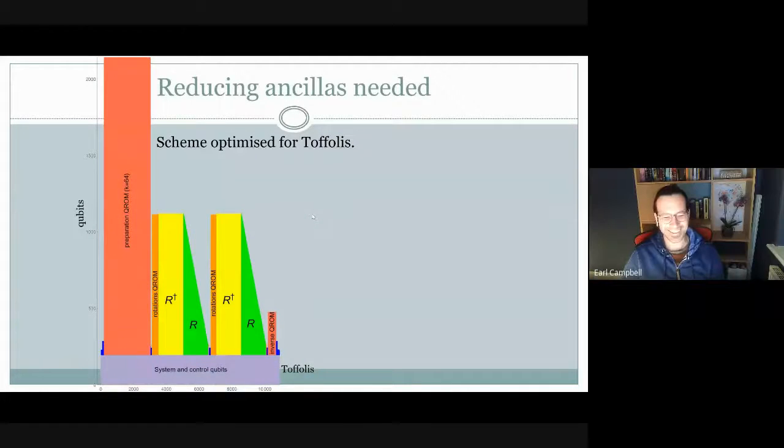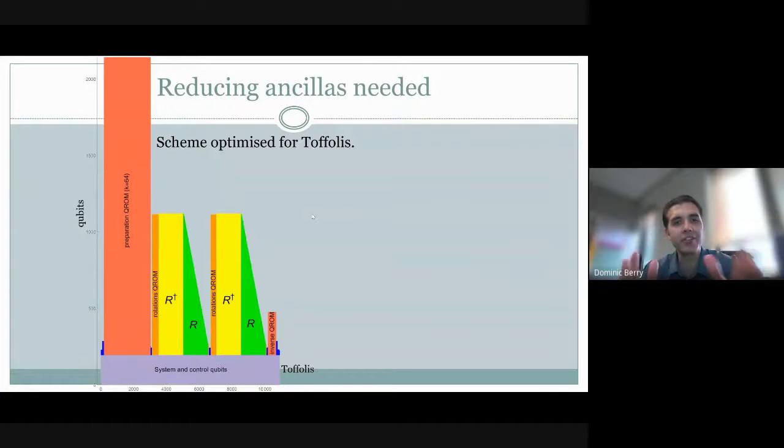Okay. So basically, this is showing the usage of qubits for the Toffoli count that I gave first. As you run through the algorithm, each step in this direction is how many Toffolis you're using, and vertically it's showing how many qubits you're using. This first part is the state preparation at the beginning, which uses that advanced QROM from Guanghao that I mentioned.